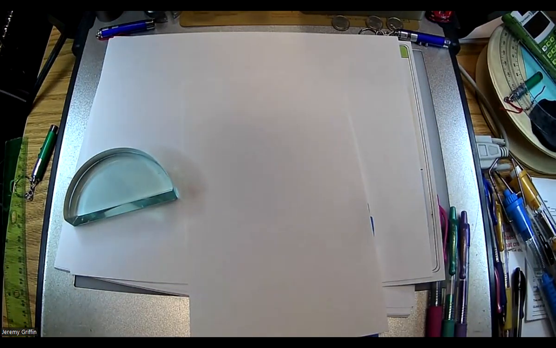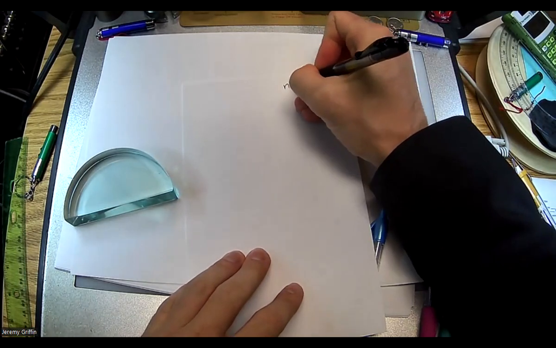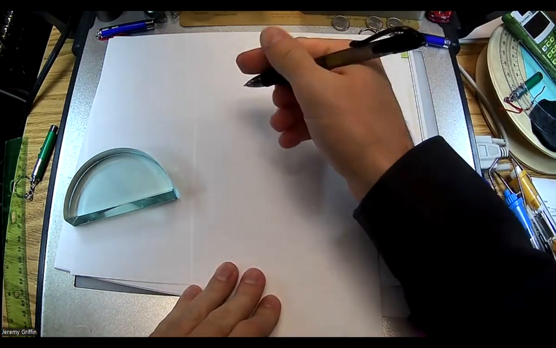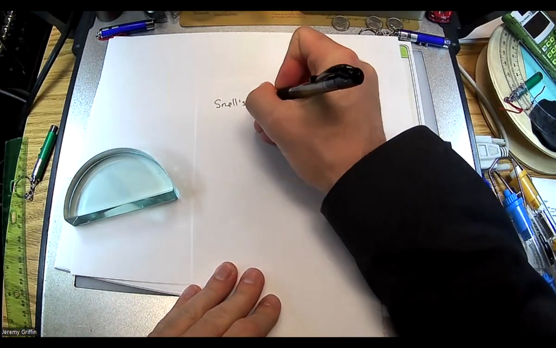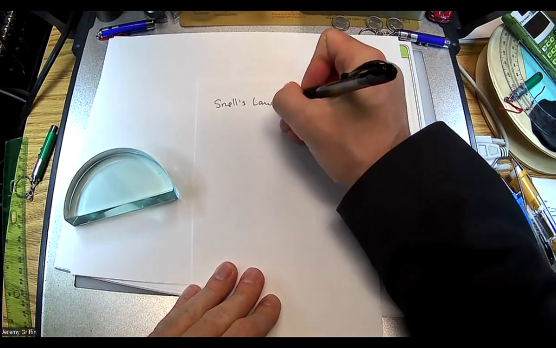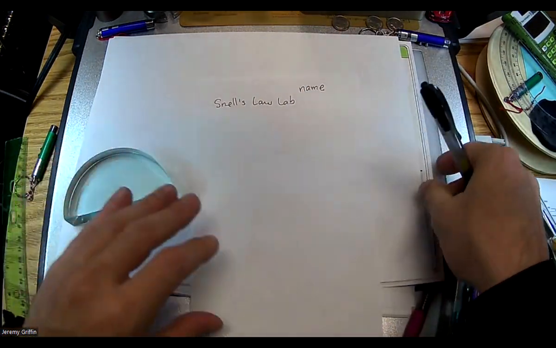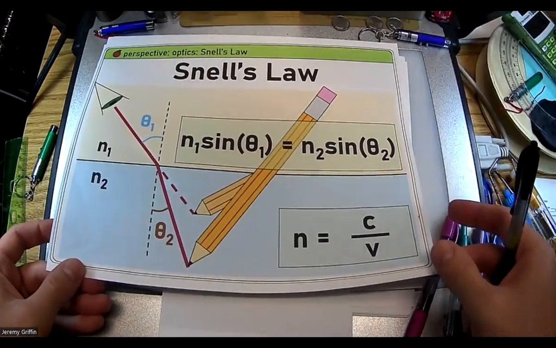Go ahead and write your name, so that by the end of class I know who to give the points to. Let's call this Snell's Law Lab. If you want a poster to keep track of, you see the poster hanging in front of my room that has a pencil on it?